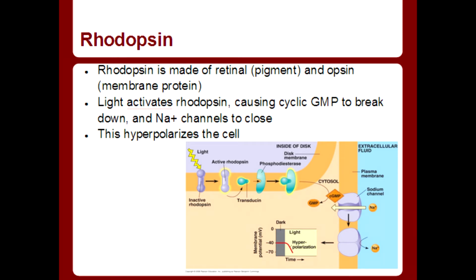The phosphodiesterase that was activated turns cGMP into GMP. Doing so, the sodium channel is closed. Upon closing the sodium channel, you have hyperpolarized this cell, and hyperpolarizing that changes the membrane potential, and by changing the membrane potential, you create an action potential, which is sent through the nerves, thus enabling you to see.